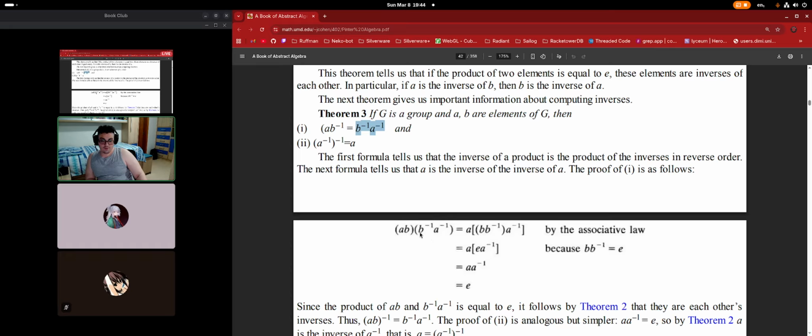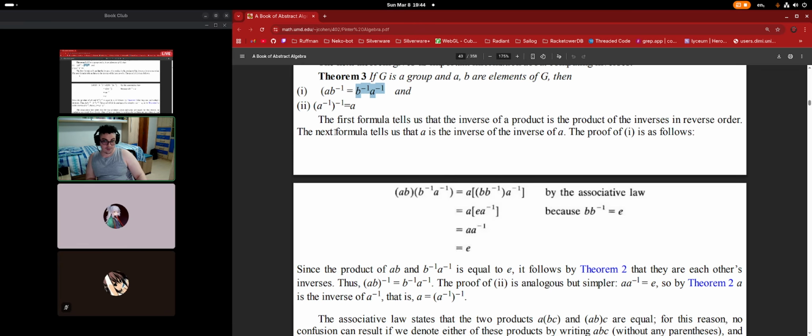We do B with B inverse first, and that gives identity. Identity with A inverse is A inverse, and then A times A inverse is E. So this holds, because since the product of AB and this is equal to E, it follows by theorem 2 that they are each other's inverses. Then this holds.